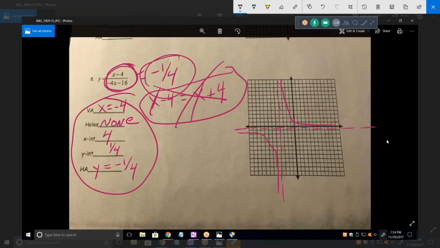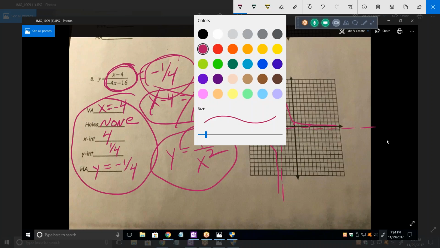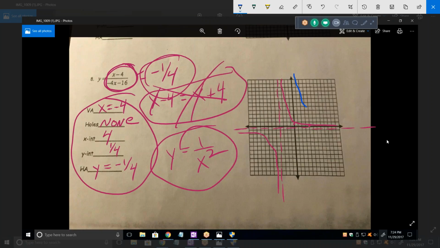Unless the bottom is an x squared greater than the top. In other words, if I have that, then it is actually graphed like this. In other words, I'm in quadrants 1 and 2. The reason is that the bottom is x squared. I don't even have an x in the top.